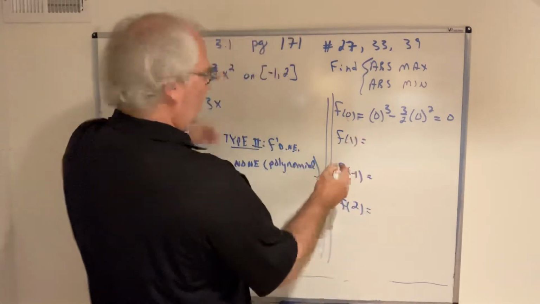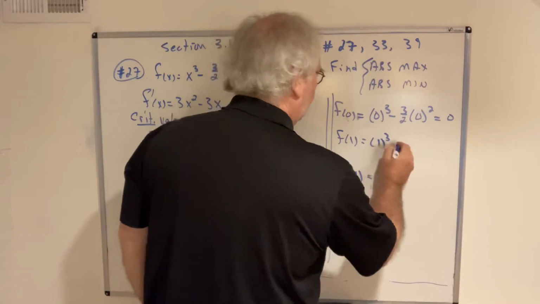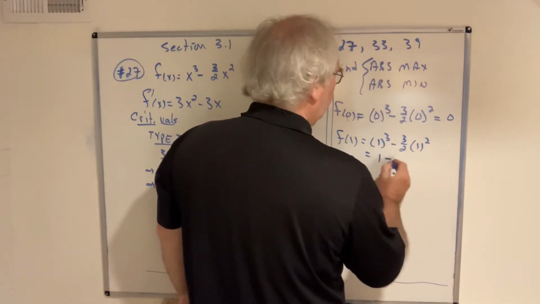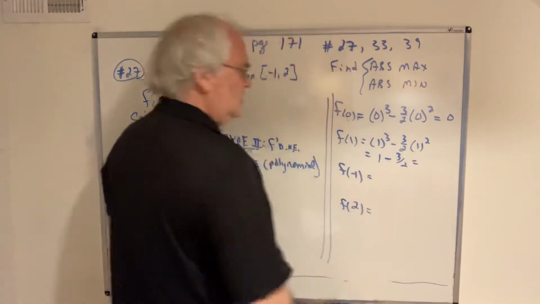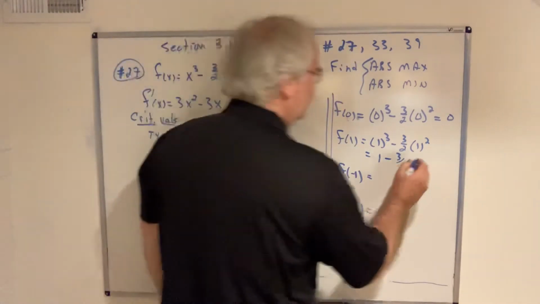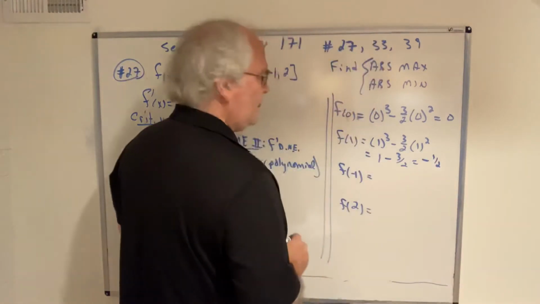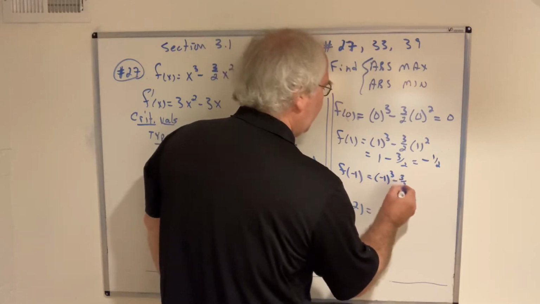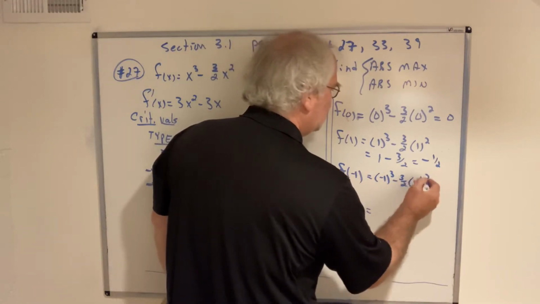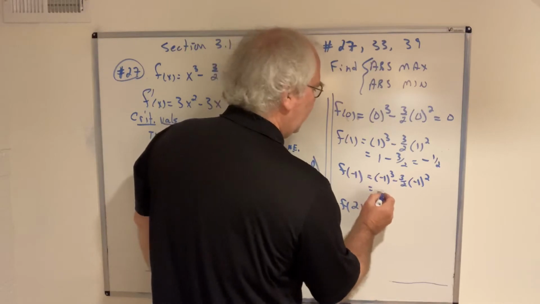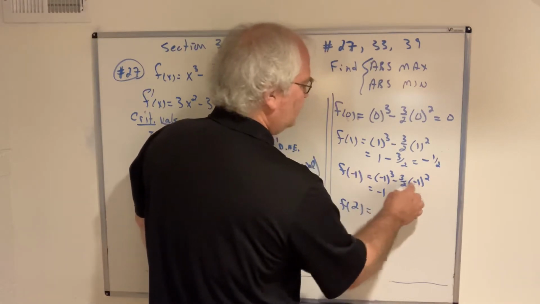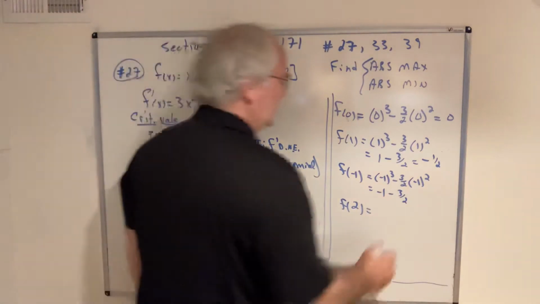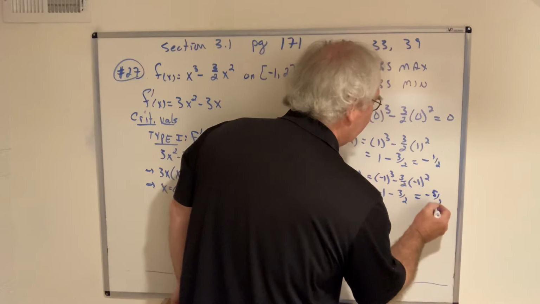And so we go merrily along our little way here. f of 1 is 1 to the third minus 3 halves times 1 squared, which is 1 minus 3 halves. 2 halves minus 3 halves is -1/2. So far, so good. Then f of -1 is -1 to the third minus 3 halves times -1 squared, which is -1 minus 3 halves. -2 halves minus 3 halves is -5 halves.